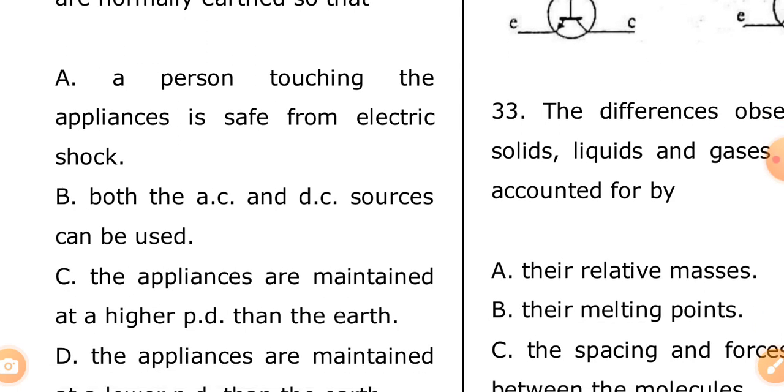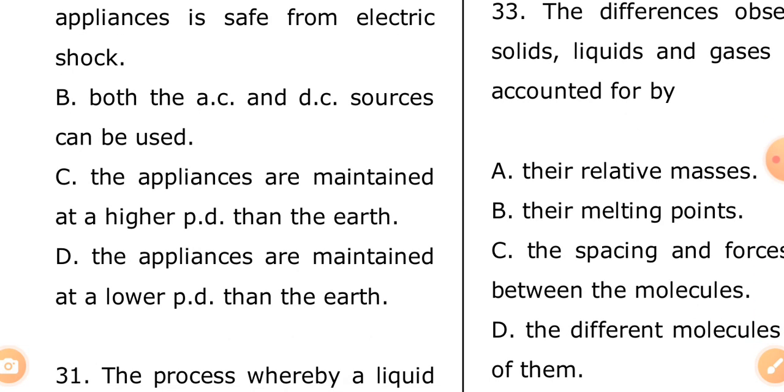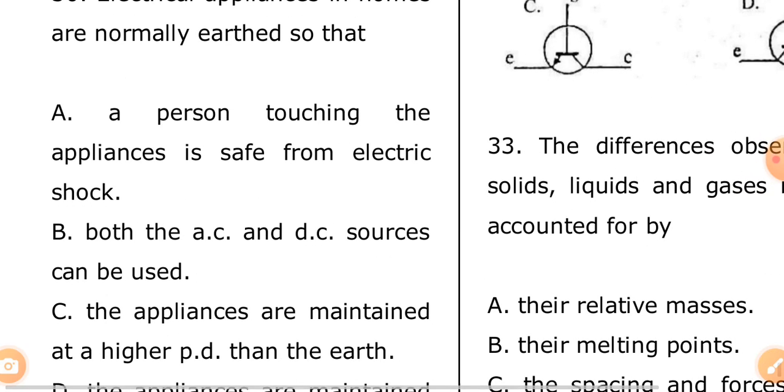A. A person touching the appliance is safe from electric shock. B. Both the AC and DC sources can be used. C. The appliances are maintained at a higher PD than the earth. D. The appliances are maintained at a lower PD than the earth. The answer actually is A. A person touching the appliances is safe from electric shock. That helps to prevent electric shock.